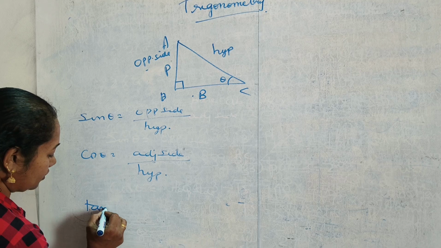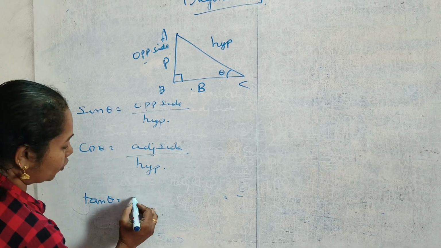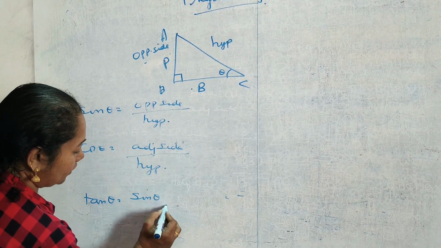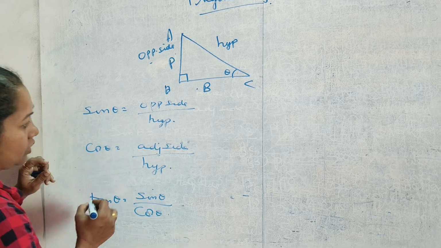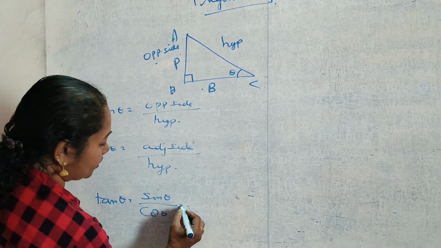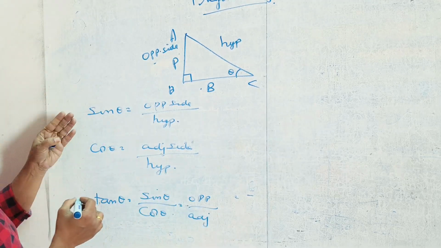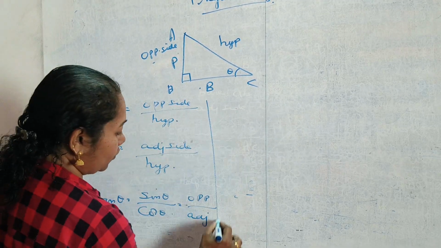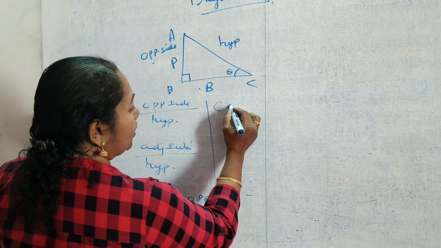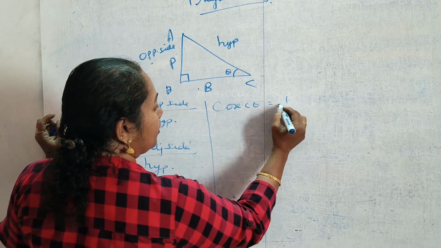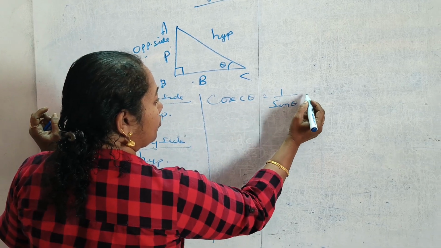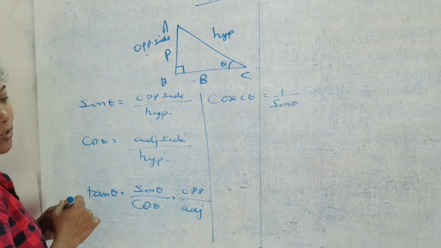Tan theta is equal to sin theta upon cos theta, that is opposite side upon adjacent side. If you know sin theta, then cosec theta is the reciprocal of sin theta, that is hypotenuse upon opposite side.